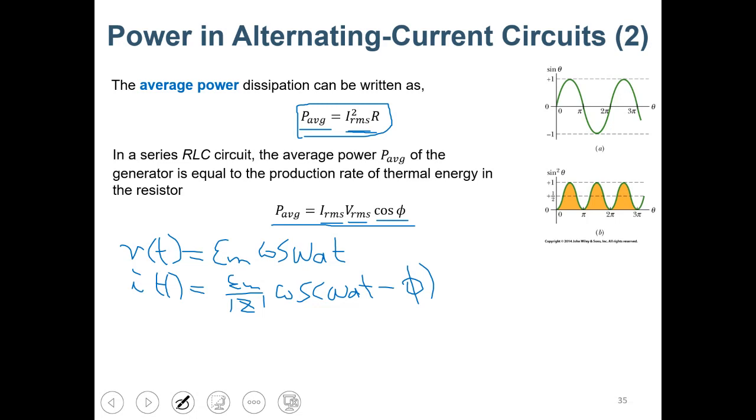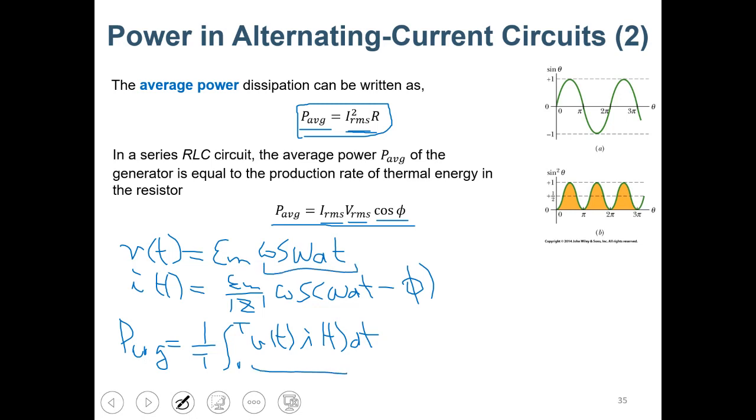So when we need to calculate the P average, it is 1 over T, integral from 0 to T, of V(t) multiplied by I(t) dt. Within this integration, we have cosine times cosine like this.